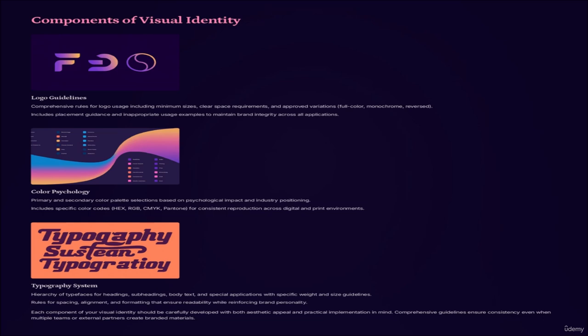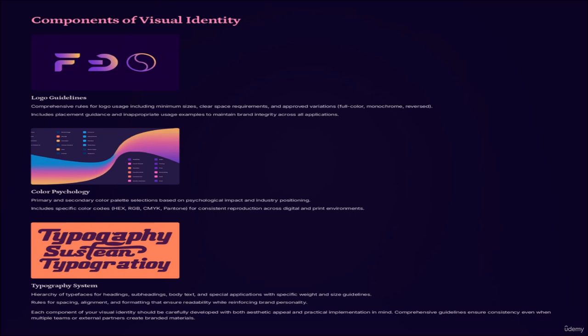Color psychology, primary and secondary color palette selections based on psychological impact and industry positioning. Include specific color codes, hex, RGB, CMYK, Pantone, for consistent reproduction across digital and print environments.